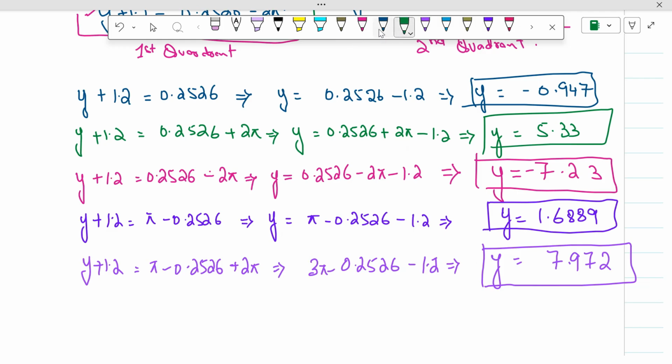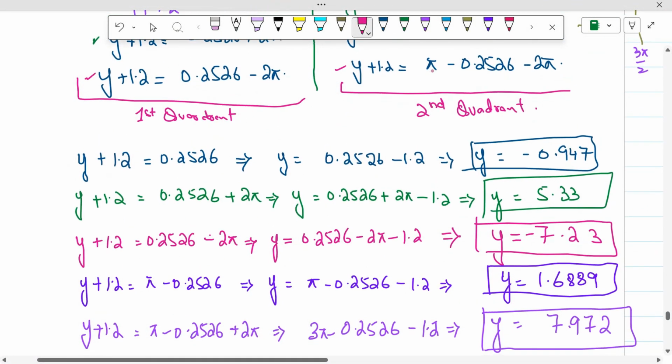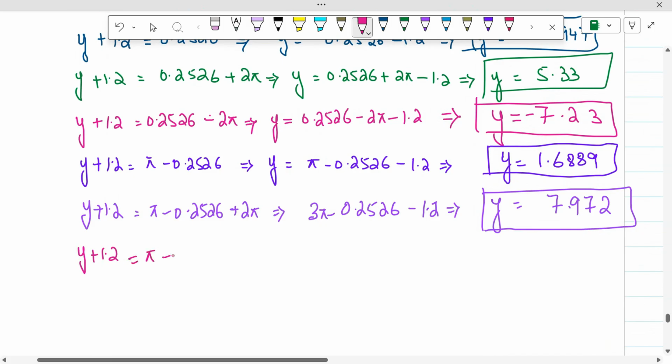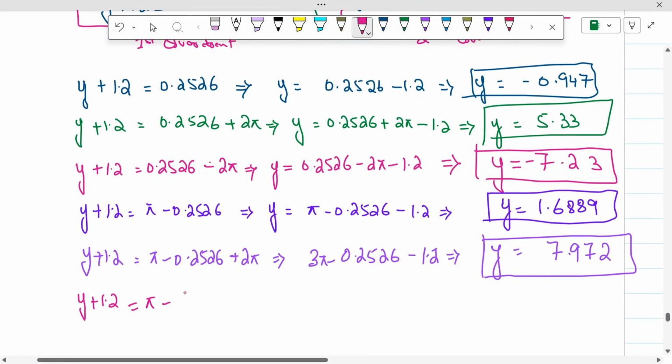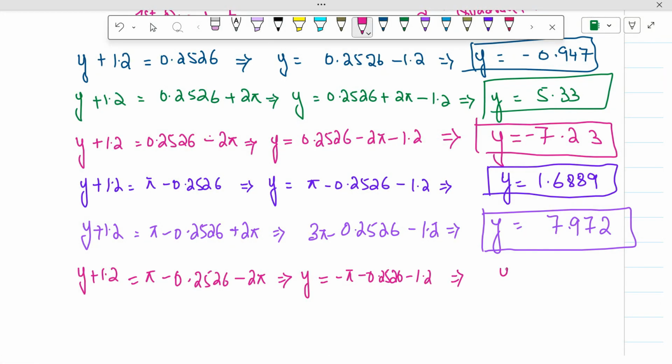Now the last one, y plus 1.2 equals pi minus 0.2526 minus 2 pi, and this gives y is equal to negative pi minus 0.2526 minus 1.2, and in this case y is equal to negative 4.5941.